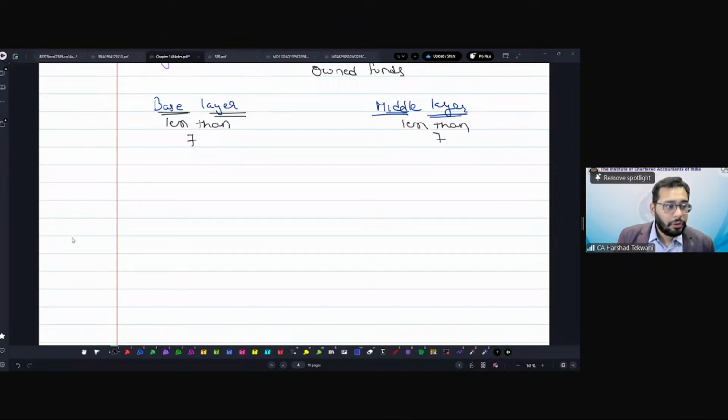Requirement for tier 1 capital, base layer.